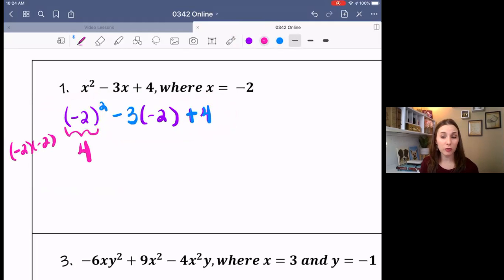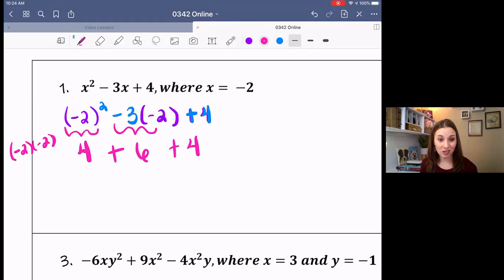So be very careful with the negative there. That's one of the main reasons I want you to put it in parentheses, because it does matter. We're squaring -2. And then I have multiplication here. -3 times -2 is +6, and then a +4 at the end.